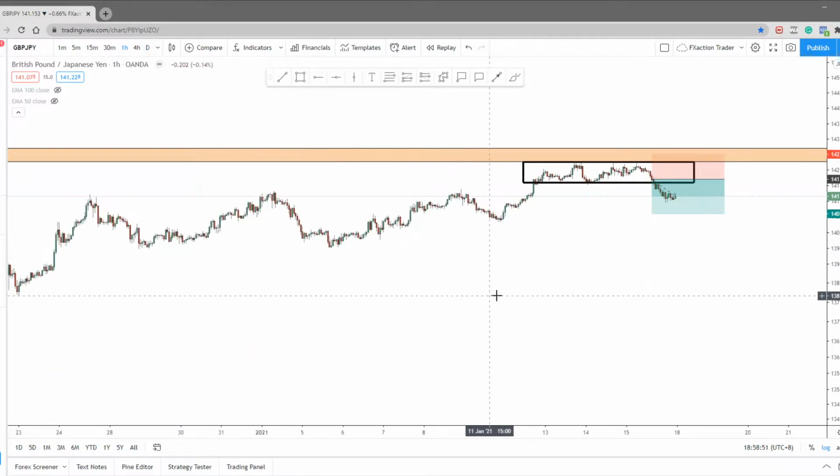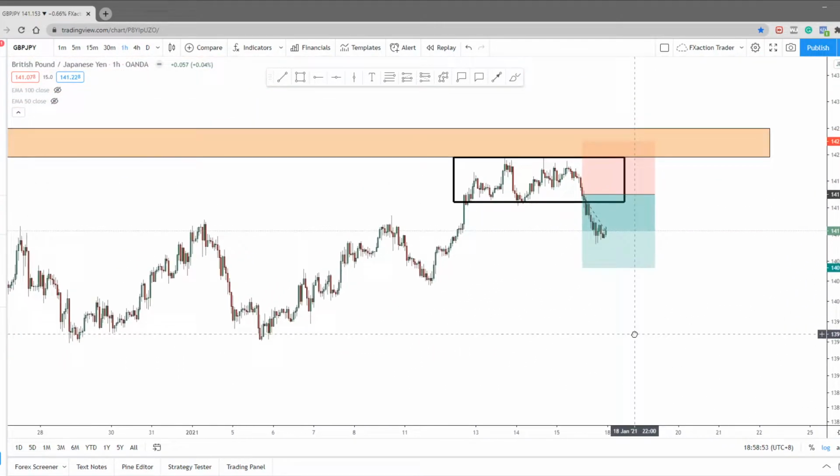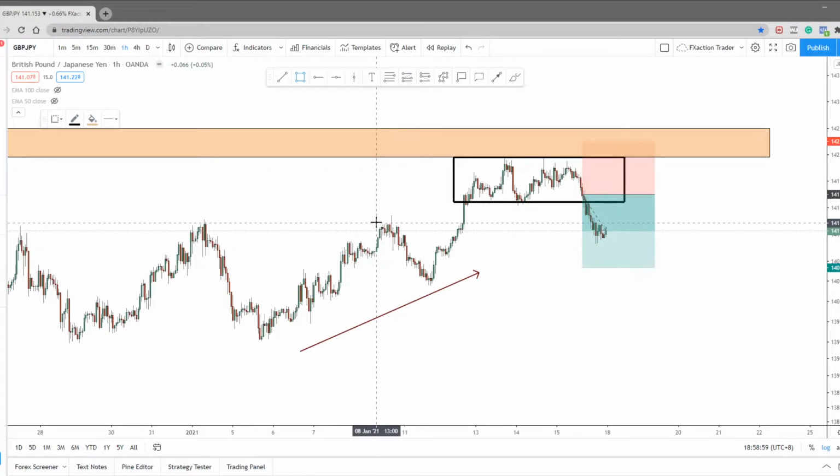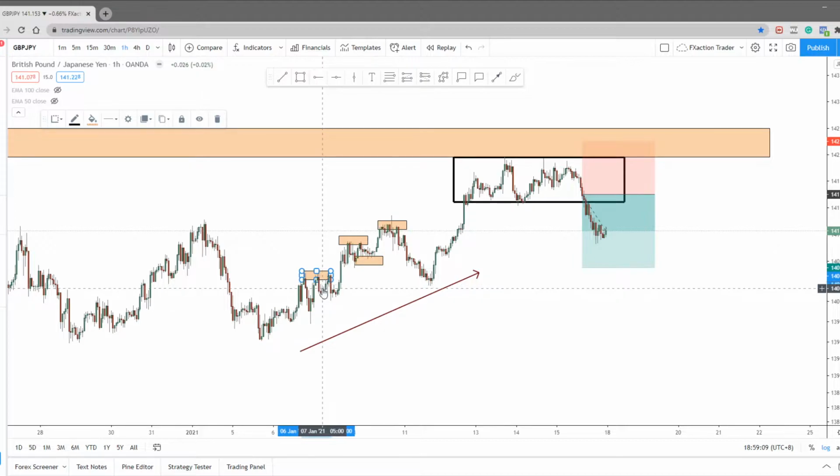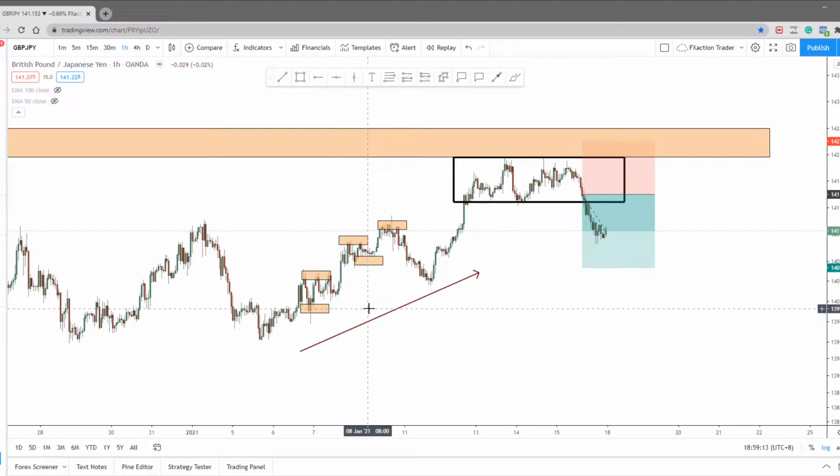And on the H1 chart, we can see that the previous market was an uptrend. It's very easy for us to identify an uptrend. We can just identify the high, the higher high, and also the higher low. By using these two, we can easily identify any market trend regardless of the time frame.